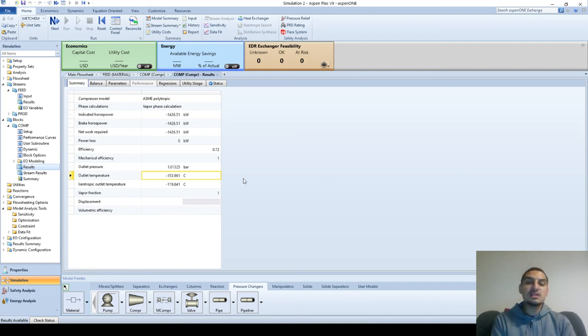And this is why I did this tutorial, because this is how refrigeration cycles and refrigerants work, and this is what happens in the fridge at home. This is how you can get the temperature very low, even 30 or 40 degrees lower than the ambient temperature.